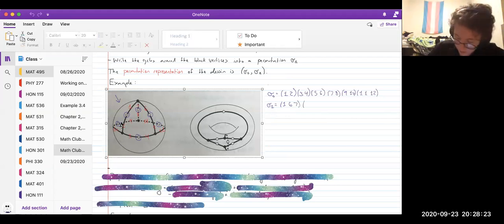Over here, if you start with 2 and go counterclockwise, you get 10, and then 3. Over here, if you start with 4, you go counterclockwise, you get 12, and then 5.